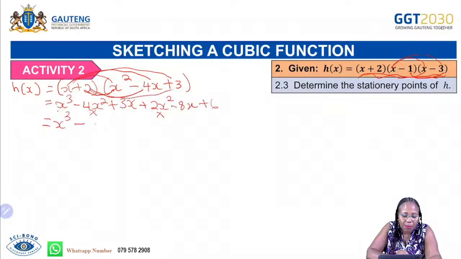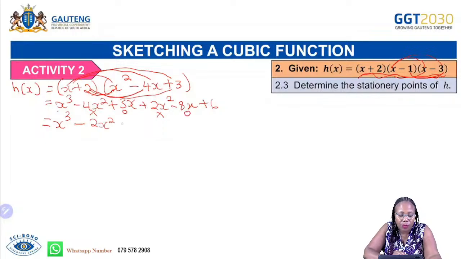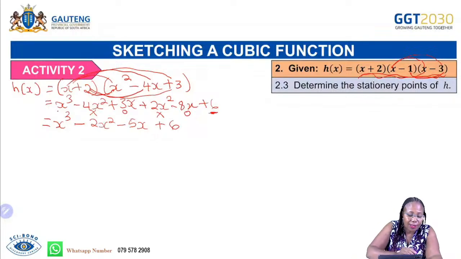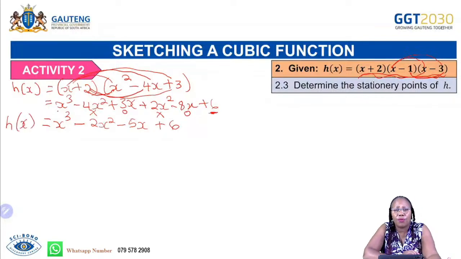It will give us the minus what, grade 12? 2x squared. And then we have plus 3x minus 8x, which is minus what? 5x. And then this constant value, that is the only one we have. We can't add anything to that one. So that is our h of x function back to its original form of equation.